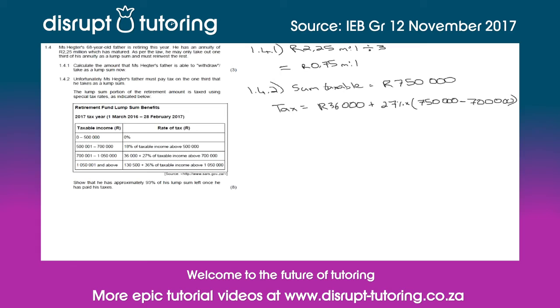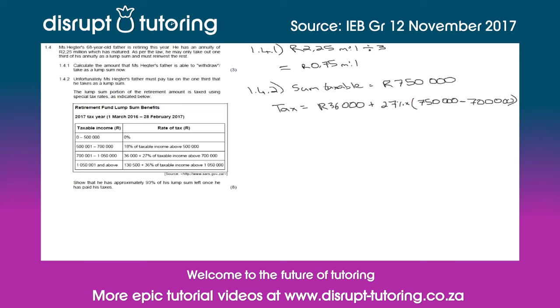So it's going to be 50,000 rand. Where I got this is the taxable income above 700,000. We know that the total is 750,000, so to get what is above 700,000, we minus 700,000 from that amount.